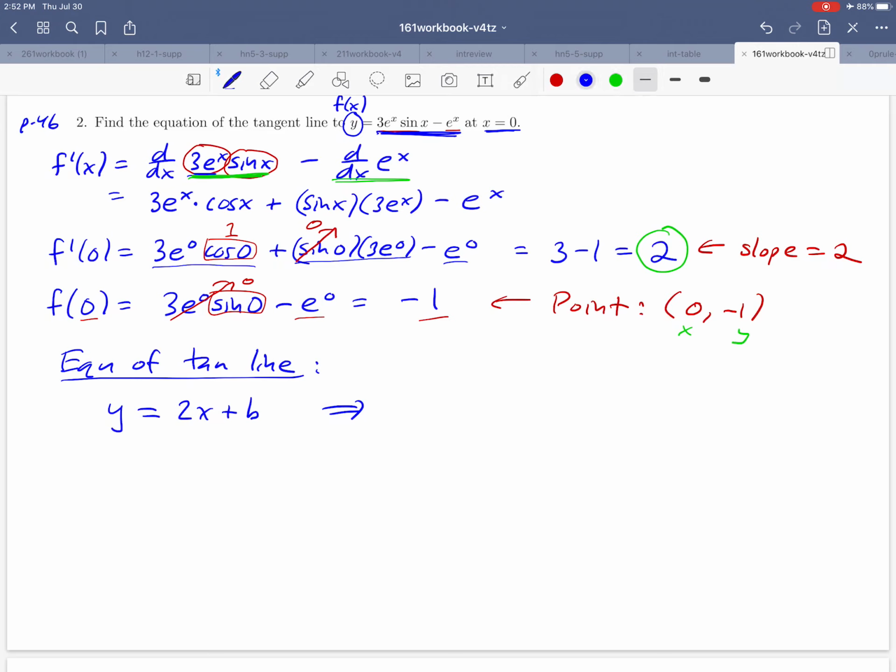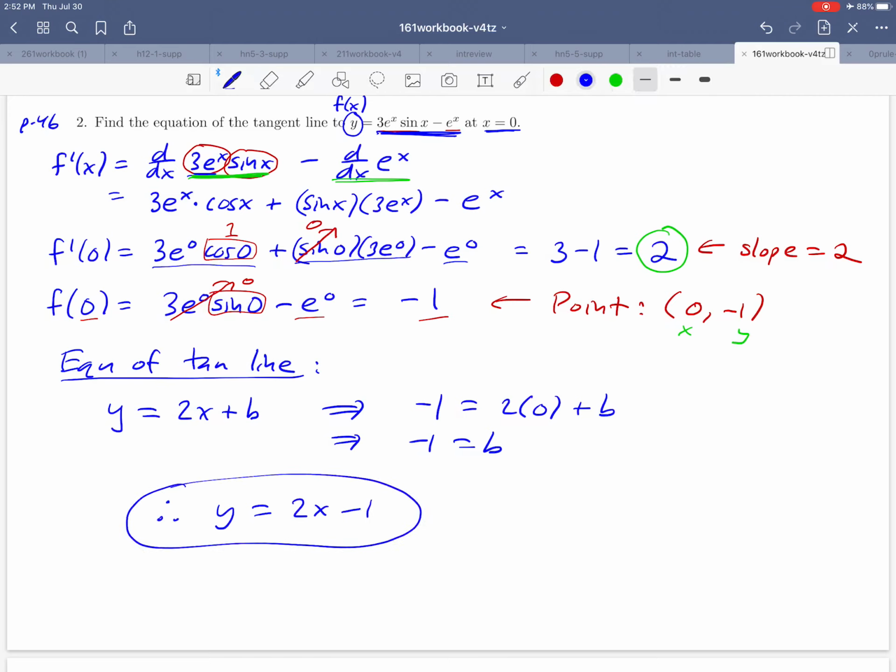If we substitute those two in, negative 1 for y and 0 for x, we get negative 1 equals b. And the last step, you just fill in that value for b, and our tangent line equation is going to be 2x plus the b that we just found, which is minus 1. So we could just write that as 2x minus 1. And that should be our answer.